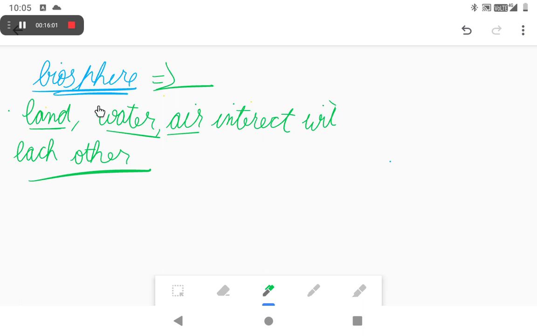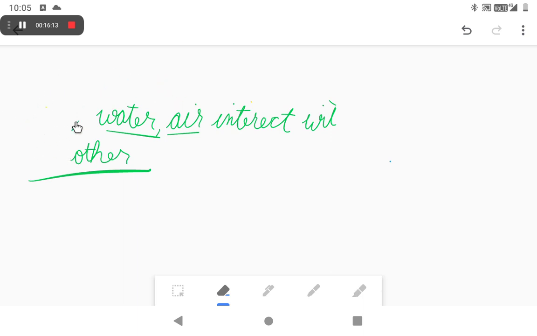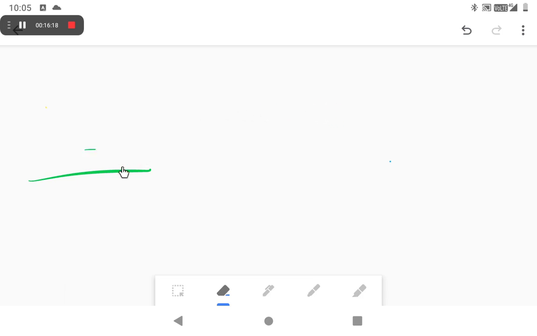We have learned about lithosphere, biosphere and the atmosphere. So now let's come to the next topic, which is ecosystem. So what is ecosystem? I will be explaining ecosystem to you. Ecosystem.